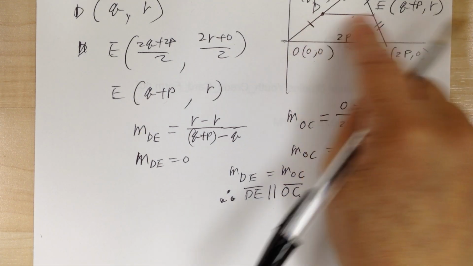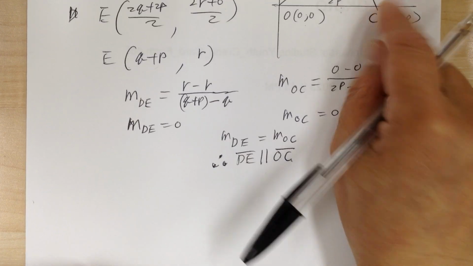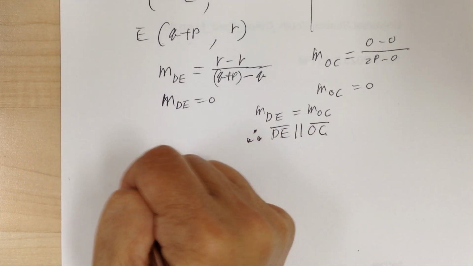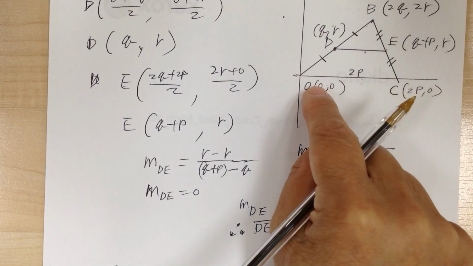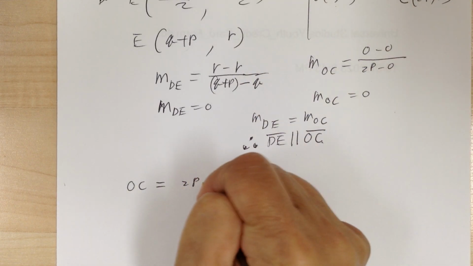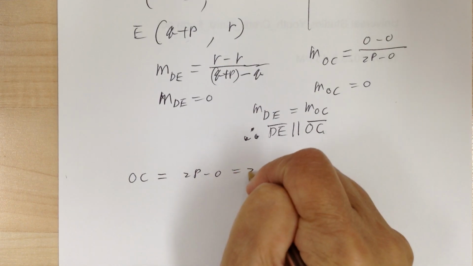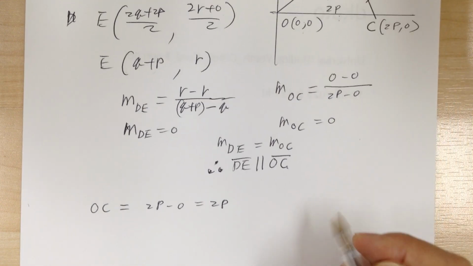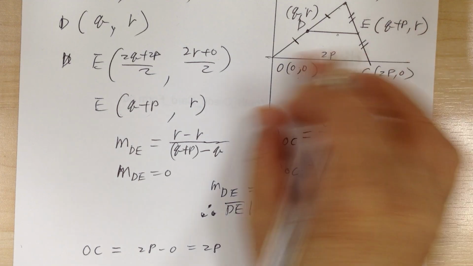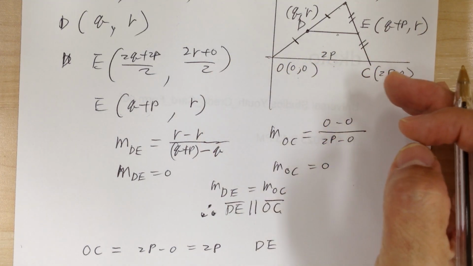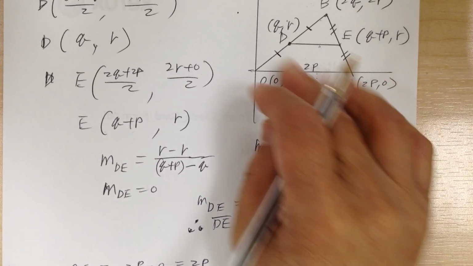Next you have to find the length. The length of OC: since this is horizontal, you can just use the end minus the beginning, so 2p minus 0 equals 2p. The length of DE: because the slope equals 0, you don't have to use the Pythagorean theorem or the distance formula, because it's a horizontal distance.